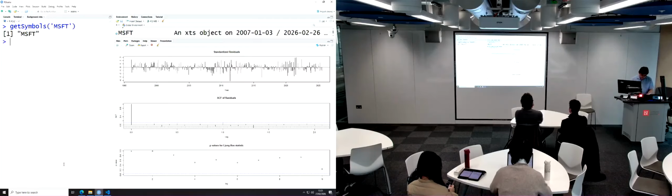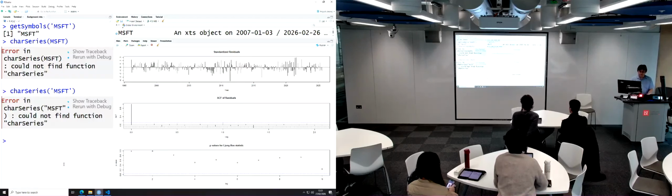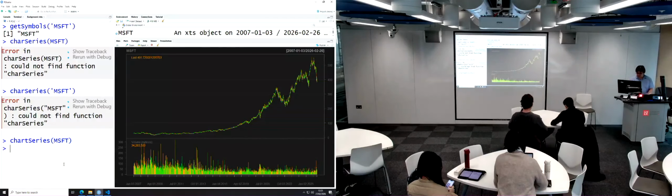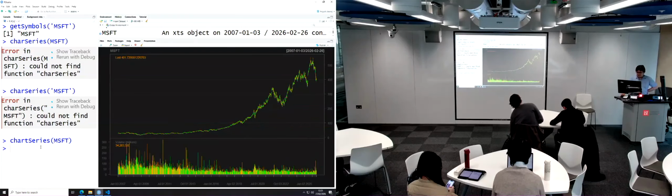I think I've demonstrated this to you. I can immediately download the Microsoft stock price up to, I think, yesterday. This is the daily closing price, and then I can ask the graph to chart it.